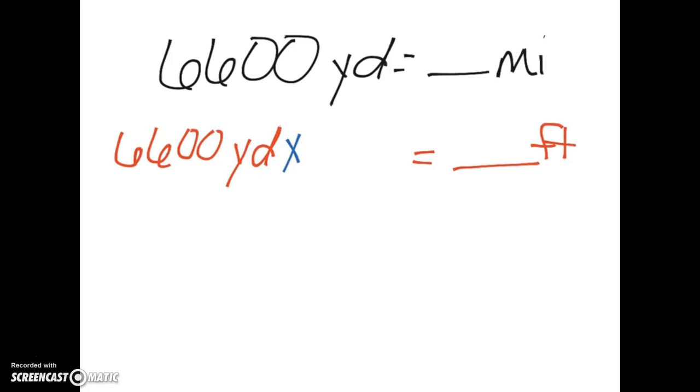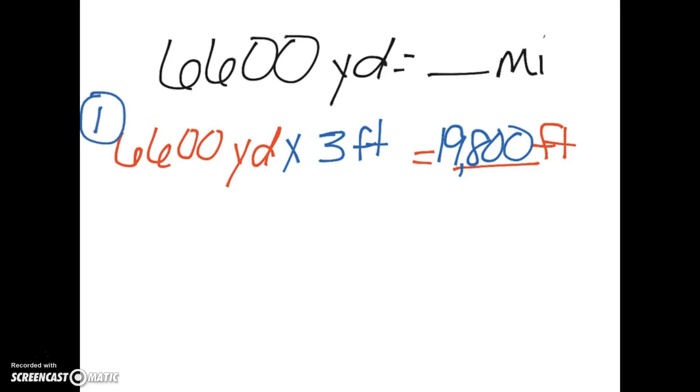I look at my conversion chart and I see there are 3 feet for every yard, so I'm multiplying times 3 feet. So 6,600 times 3 gives me 19,800, and that answer is in feet. This is step 1.